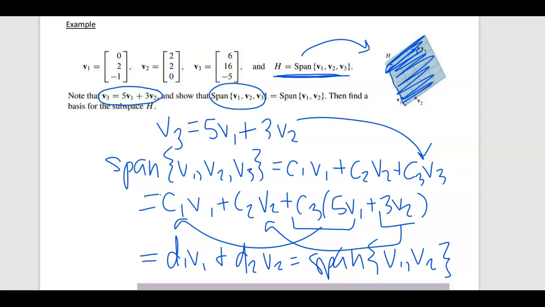So the span of V1 and V2 must be the basis of H, because it needs to be that linearly independent set that spans H.